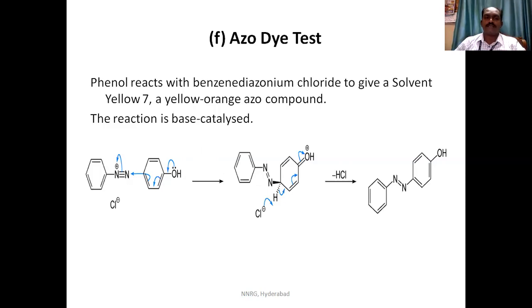Here, nitrogen is the positive charge, the diazo group. When this negative charge attacks this nitrogen, the triple bond pi electrons shift to the next nitrogen and form a stable molecule. But here, there is a disturbance in aromaticity. The chloride anion will try to pull the proton and aromaticity is regained, forming the azo derivative with the loss of HCl. So formation of yellow color indicates that it is a phenol.